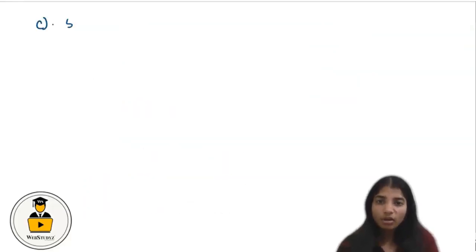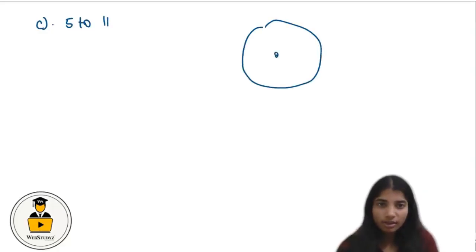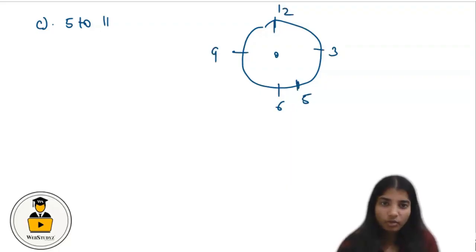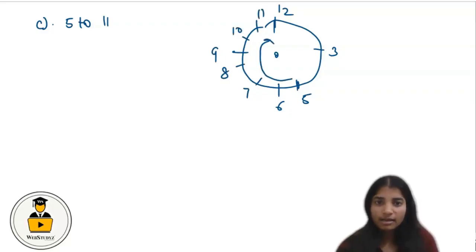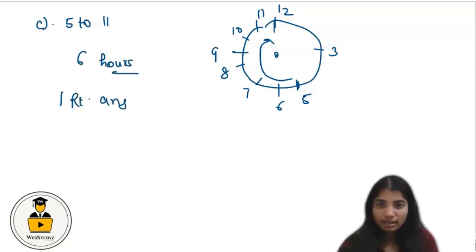In part C, the clock moves from 5 to 11. So here's the clock, here's our hour hand, 12, 3, 6, 9. It is given that the clock moves from 5 to 11. 6, 7, 8, 9, 10, 11. From 5 to 11 there are 6 hours, and we know that one right angle is equal to 3 hours.